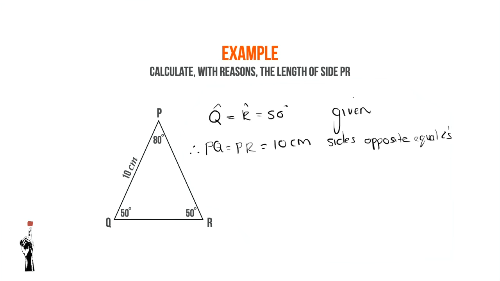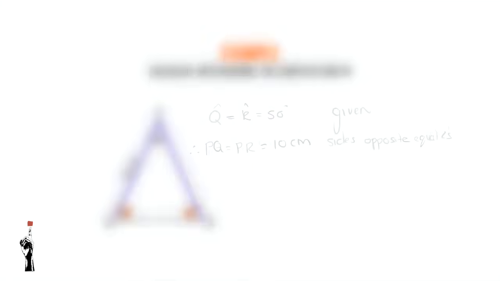So do you see now that I am saying something about my sides because they gave me my equal angles? Therefore, I swapped my theorem around saying sides opposite equal angles, and not like in scenario 1 where we said angles opposite equal sides.